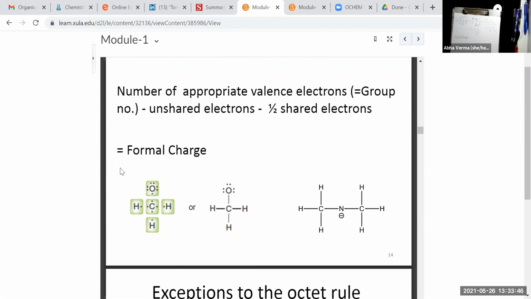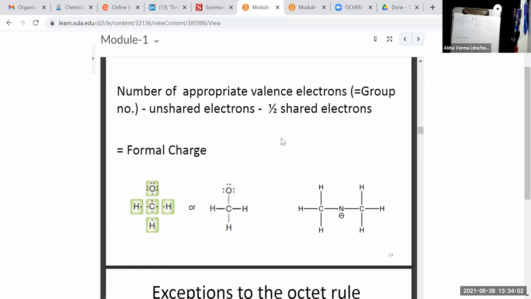Formal charges help us figure out how many electrons an atom has in its possession. And there are different kinds of formulas available.